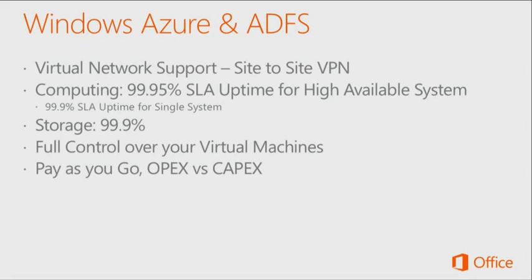We can create virtual network support between our network and Windows Azure, so we can get a 99.95% SLA uptime and 99.9% uptime on the storage. We can control a virtual machine in Windows Azure that can run this whole ADFS implementation. It's also pay-as-you-go, monthly service fees, just like Office 365. So you have a monthly service fee for your Windows Azure tenant.